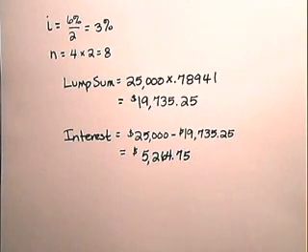So $19,735.25 invested today at 6% compounded semi-annually will in 4 years grow to the needed $25,000, and the interest earned will be $5,264.75.